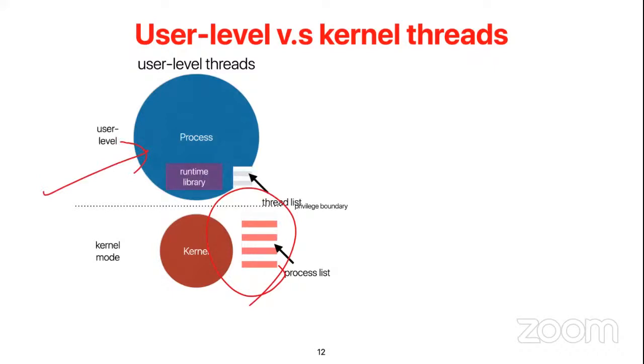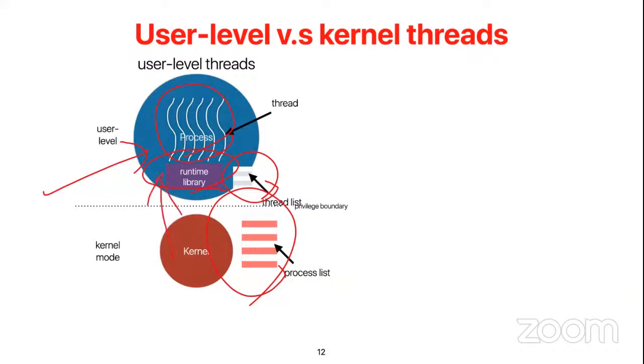This thread library itself will maintain a thread list, multiplex the execution of these threads, and maintain the state such as the program counter for execution. So everything regarding threads is maintained by the thread library. However, those threads are invisible from the kernel's perspective. The kernel only sees one process.